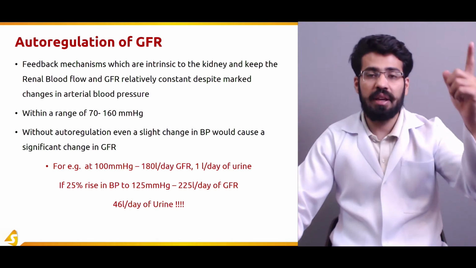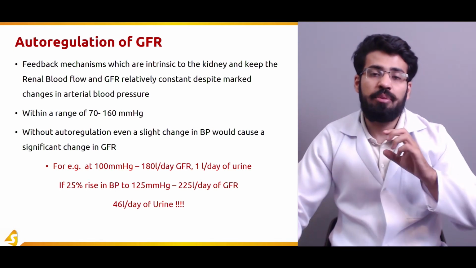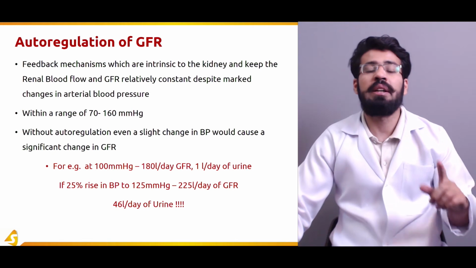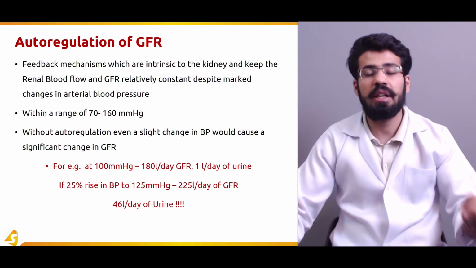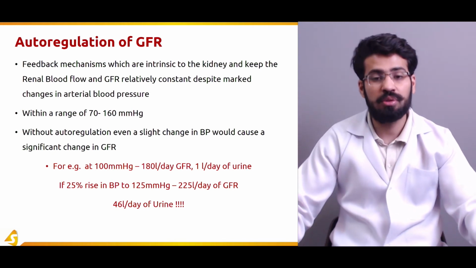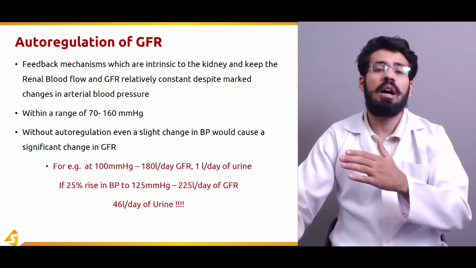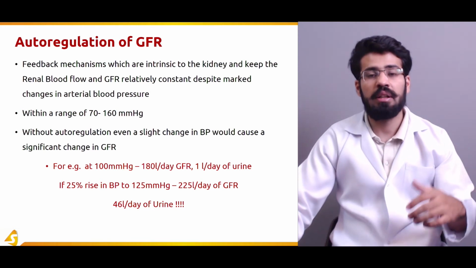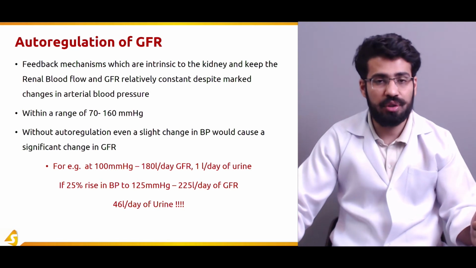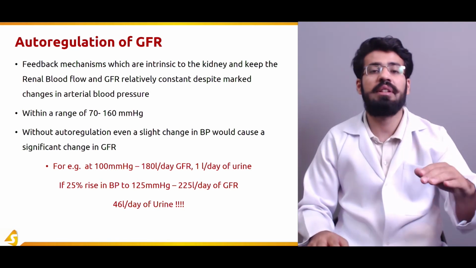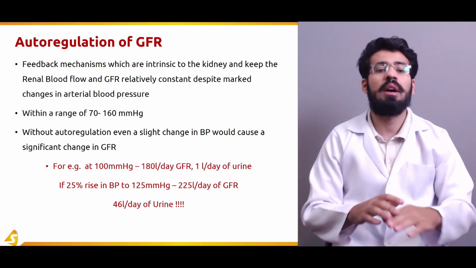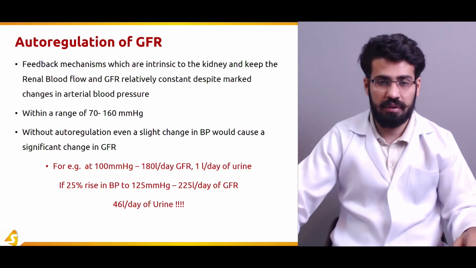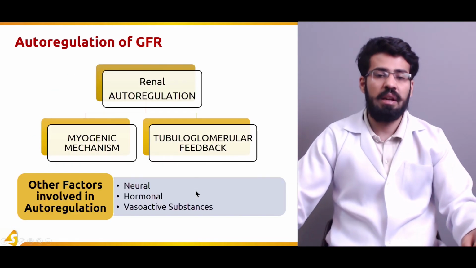And over there, when the pressure was 100 millimeters of mercury, 1 liter of urine was produced, here 46 liters of urine will be produced. So that is how the production of urine and the glomerular filtration rate is altered if this autoregulation system, these feedback mechanisms, is not present or not active.